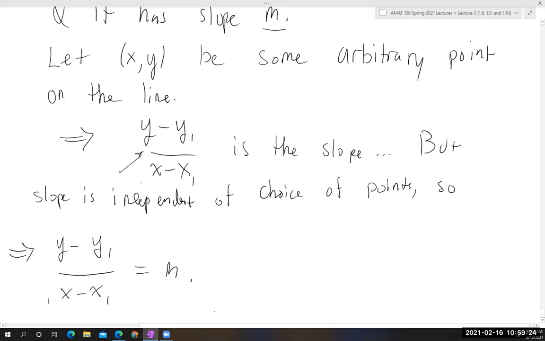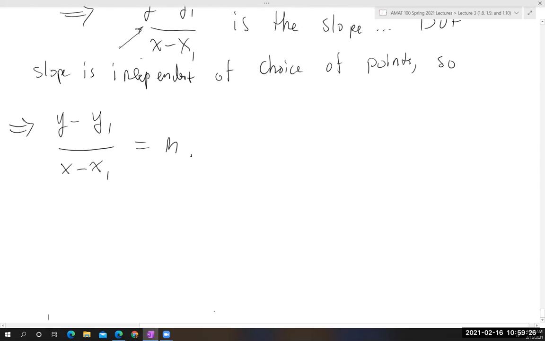And then we can actually solve the equation. Actually, we do want to stipulate that x is not x1. So it would be a good idea not to choose the same point. We want to choose a different point, actually. We don't want division by 0.